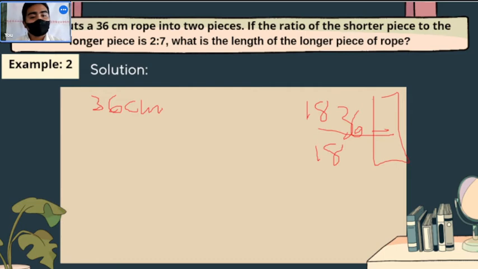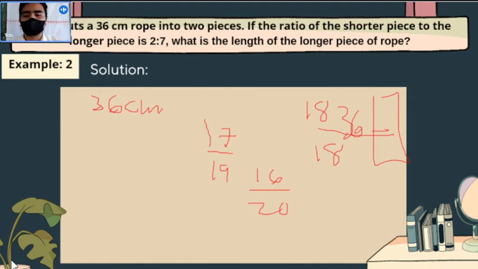But did the given say that Jason cut the rope in equal parts? No. It was not stated that Jason cut the rope in equal parts. So it could be 17 and 19, or it could be 16 and 20.